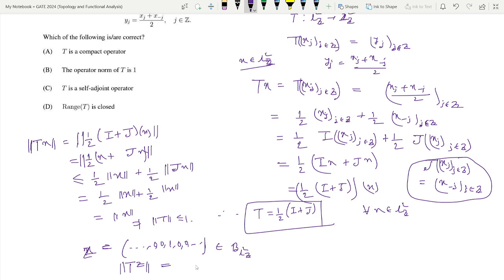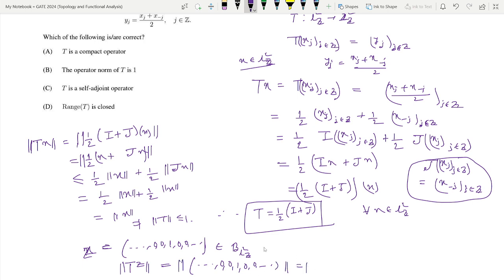So this norm, simply by definition of T, will be simply 0, ..., 0, 0, 1, 0, 0, ..., the norm of this element, and this will be simply 1.